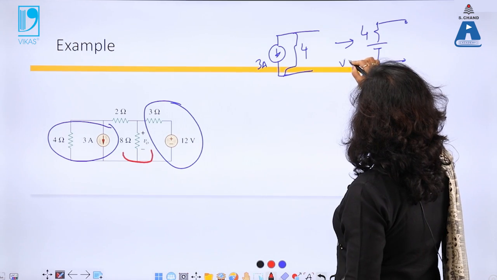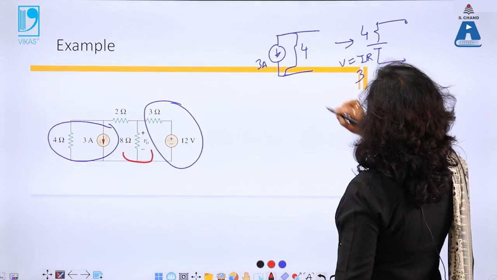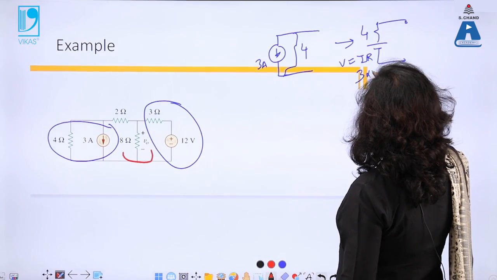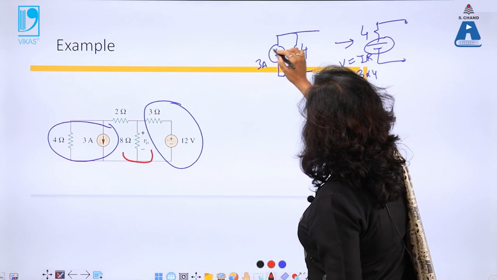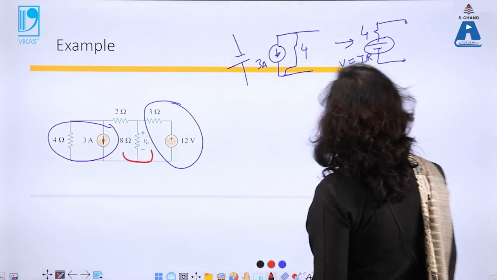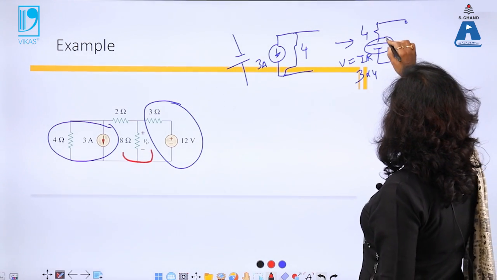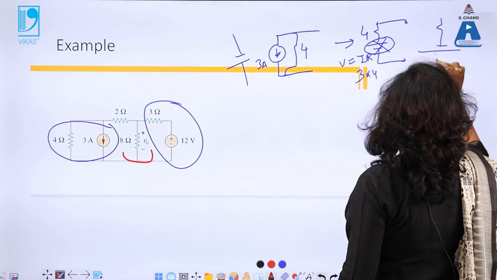The voltage will be I into R, so I is 3 and R is 4. And you also have to remember that the battery has the tail as negative and the head as positive. So this battery has to be corrected. So actually my answer should be like this.